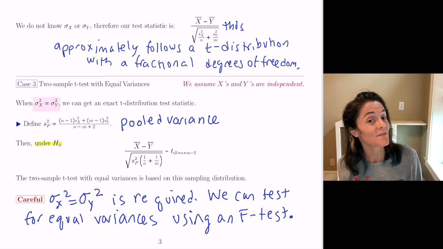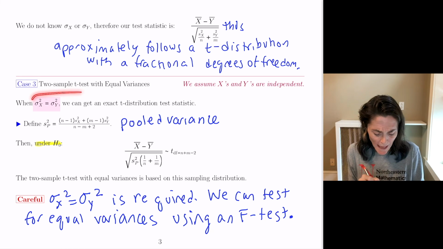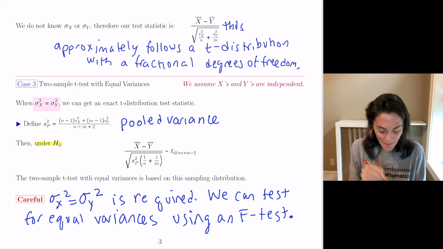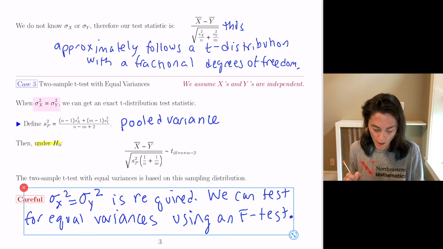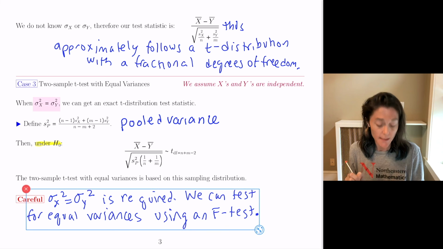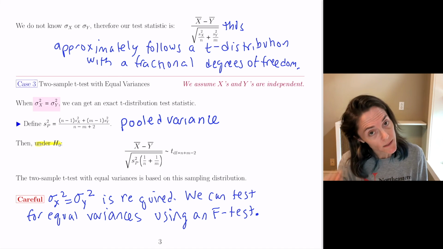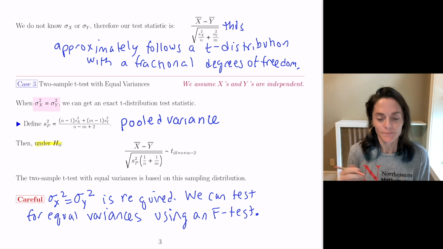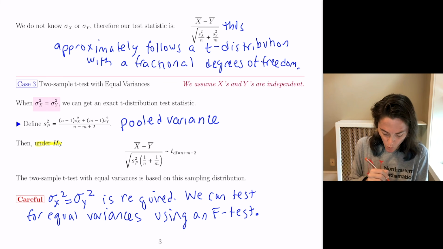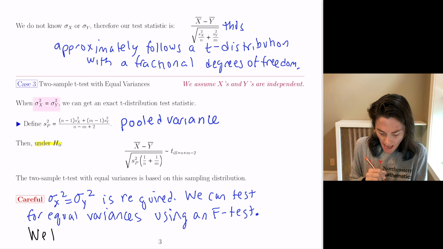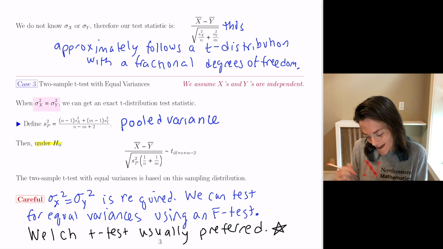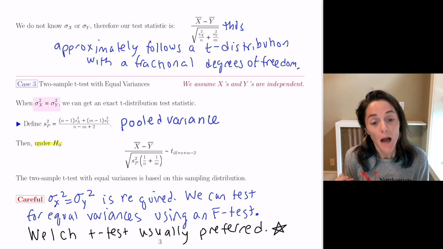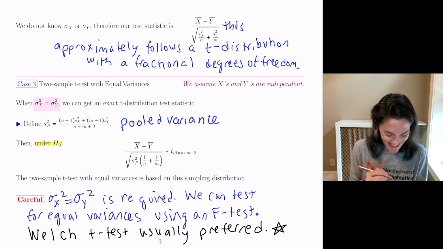But without the F-test, you can't run this, because the two-sample t-test with equal variance requires that the population variances are equal. Maybe I will also write this: the Welch test is a lot more common and is usually a better one because of this strong requirement of having equal population variances.